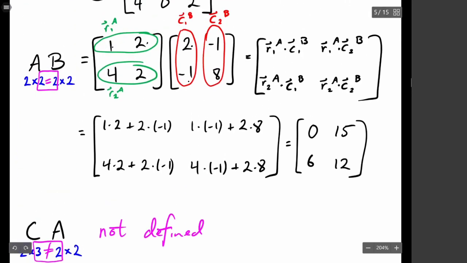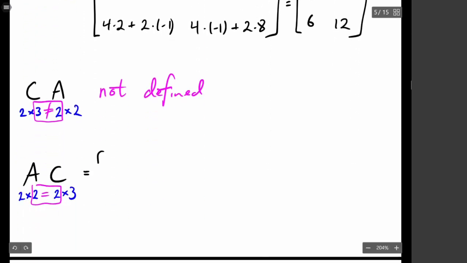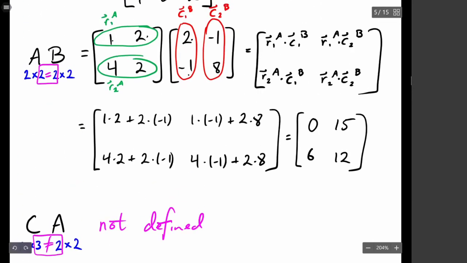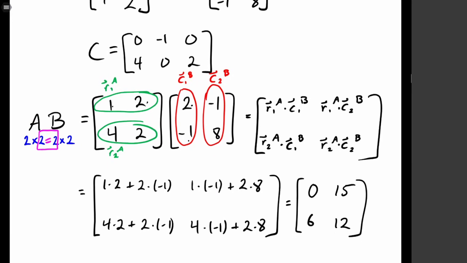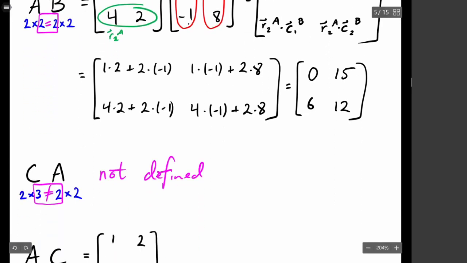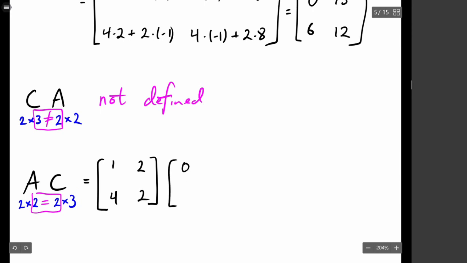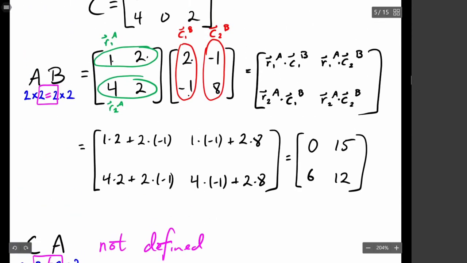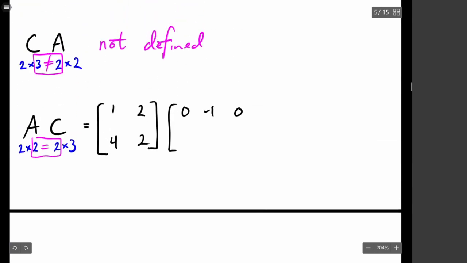Right? So A was 1, 2, 4, 2. Okay. And C is 0, -1, 0, 4, 0, 2. Okay. So, well, what are we doing here? Remember, we want to break these into rows and columns. The first matrix in the product is always broken into rows.